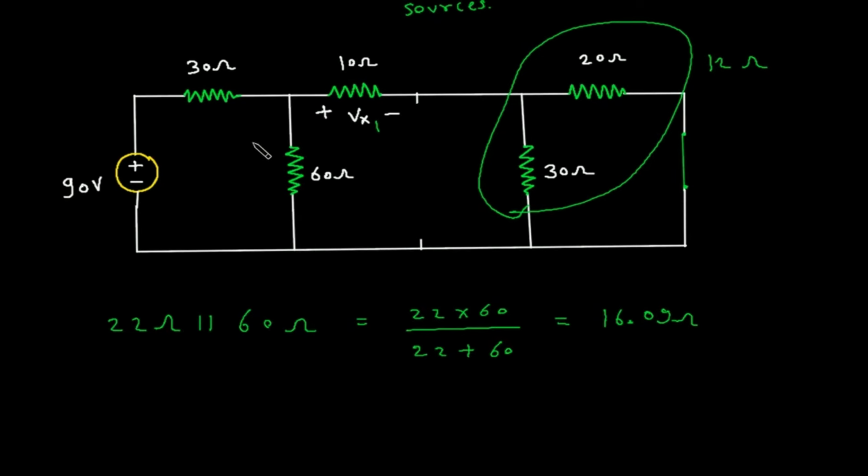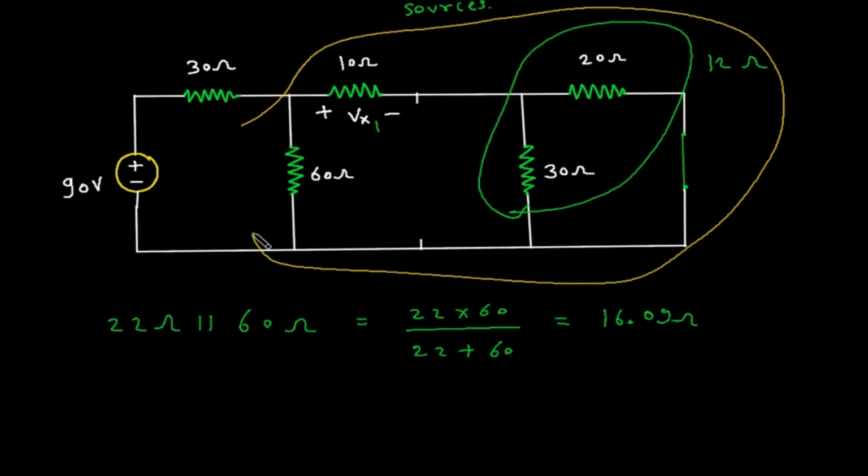Now here we will apply voltage division rule. So this whole will be 16.09 ohm. So voltage across this 16.09 ohm will be, let's say this voltage is V 16.09 ohm. So this is equal to this voltage, which is 90, into this resistance, which is 16.09 by total.